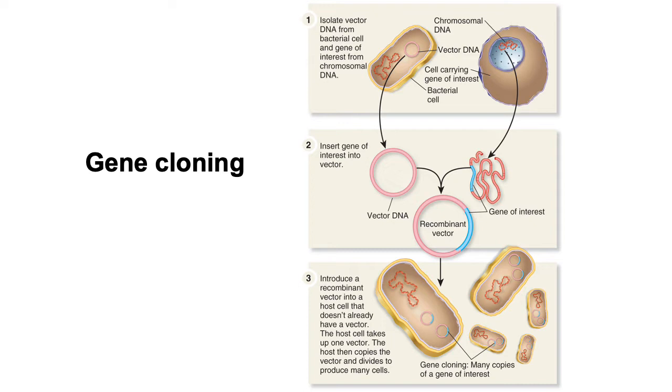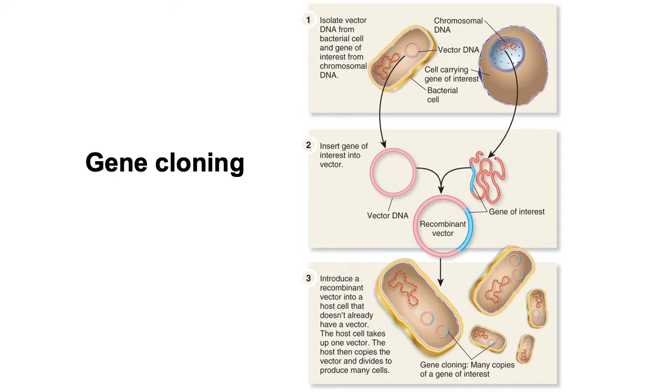So you can insert a particular piece of DNA or a gene of interest into that vector to generate a recombinant molecule, and then you introduce that recombinant molecule into a living cell. So again, this outlines some of those steps.